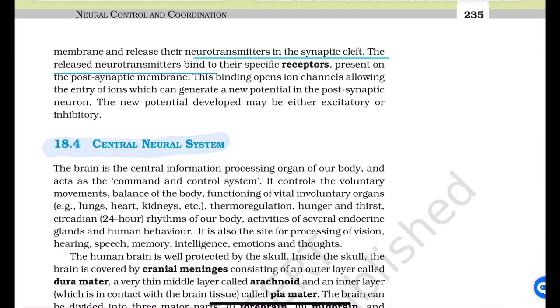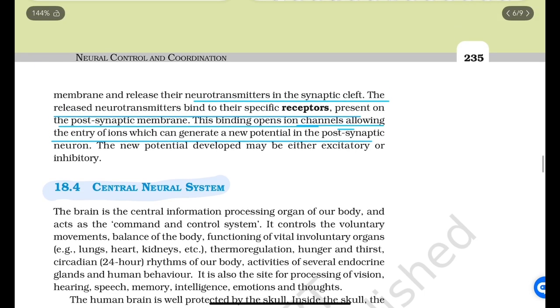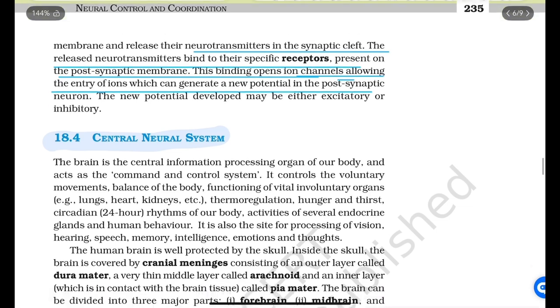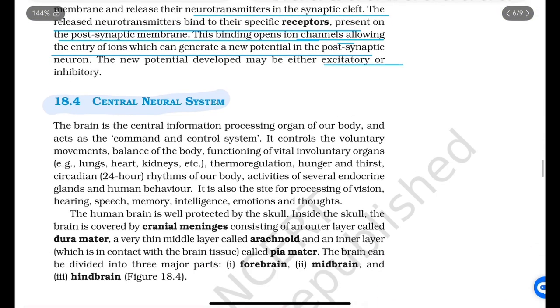The released neurotransmitter binds to its specific receptor present on the postsynaptic membrane. This binding opens ion channels, allowing the entry of ions which can generate a new potential in the postsynaptic neuron. The new potential developed may be either excitatory or inhibitory.